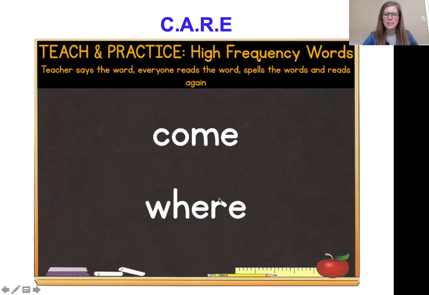Come. Here's the other word we learned last week, where. Say where. Spell where. W-H-E-R-E, where. I can use the word where in a sentence. This is where we learn to read.